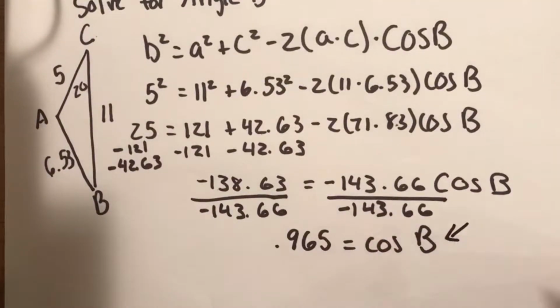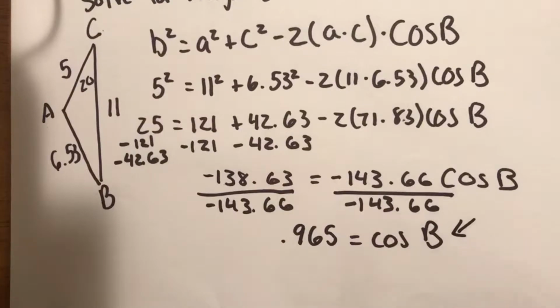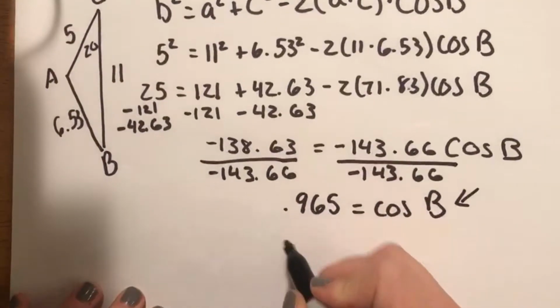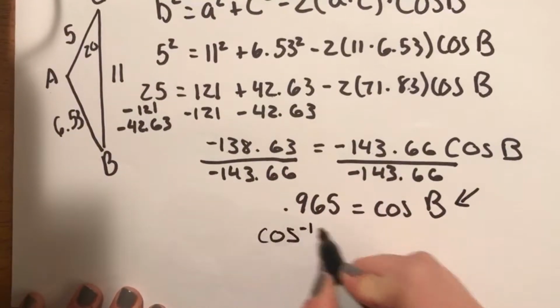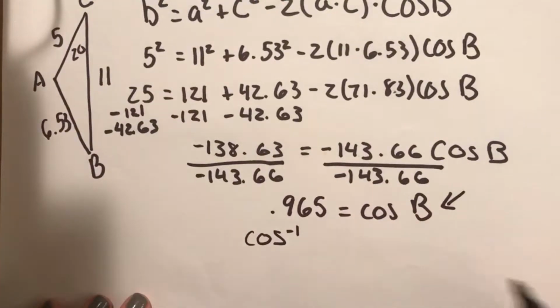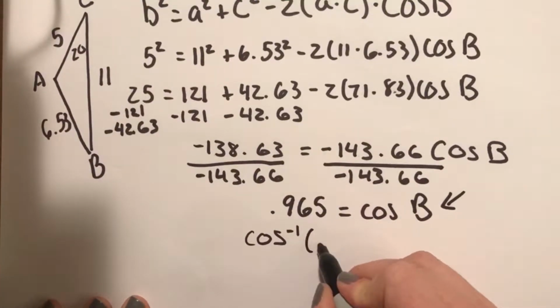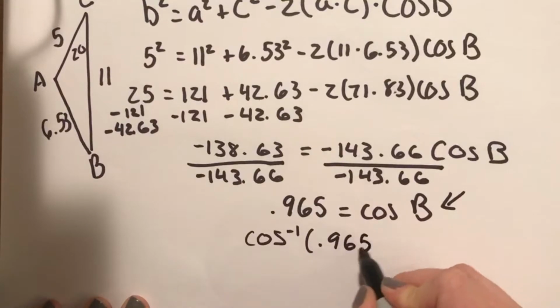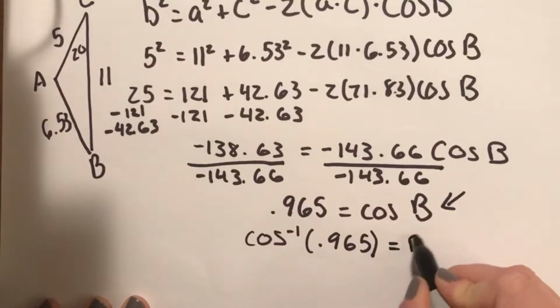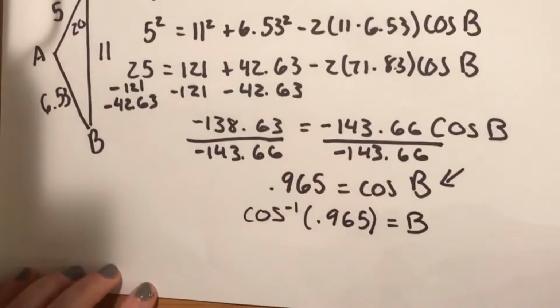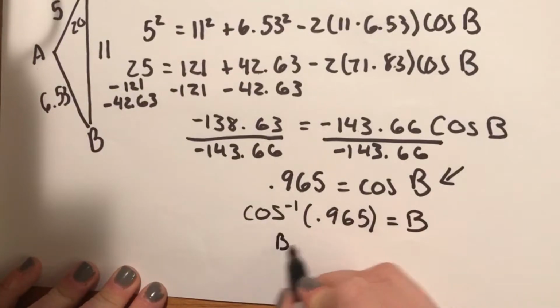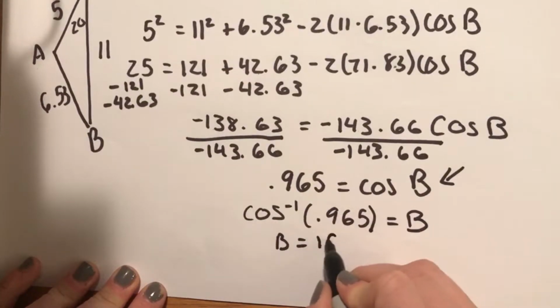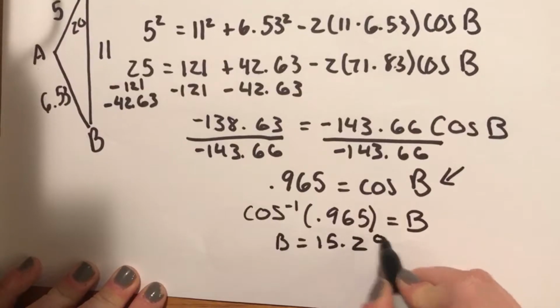Now we have to isolate this B. To do this, we take cosine negative 1 of 0.965, which equals B. This gives us B equals 15.2 degrees.